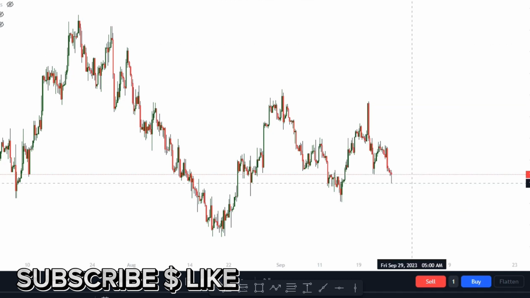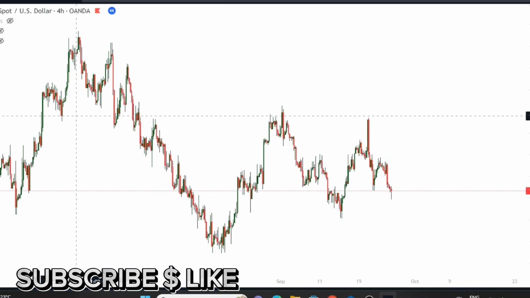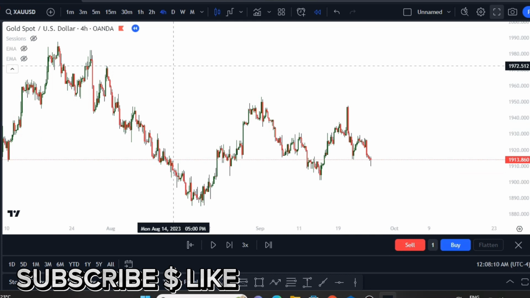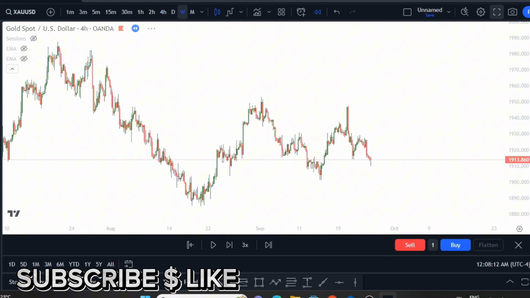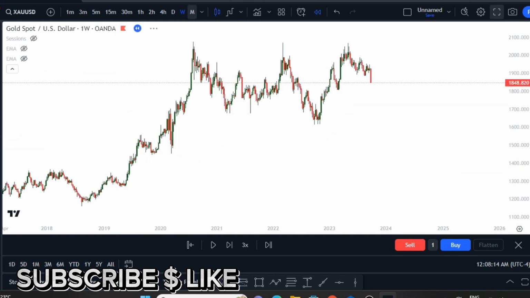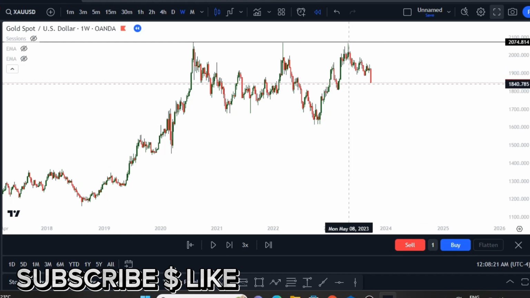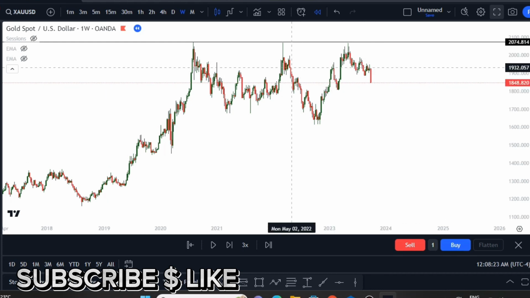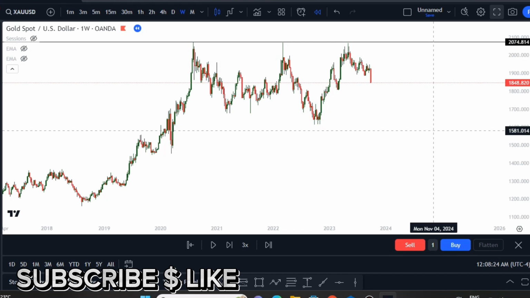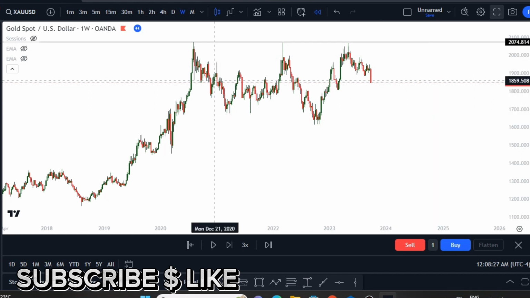I start from the weekly time frame. I just want to see the overall trend by checking the candles on the weekly. First of all, I look out for whether price is approaching any close zone, like support or resistance. If price is approaching that area, I'll be expecting a reversal.